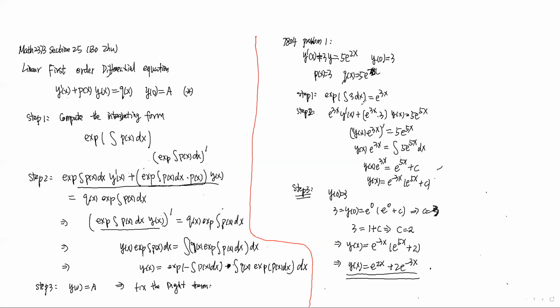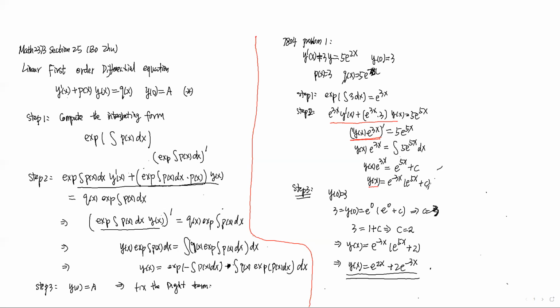After we get the integrating factor, for the left-hand term you can always use the product rule and convert the complicated stuff into a derivative of one term, and then you can integrate directly and get y(x).